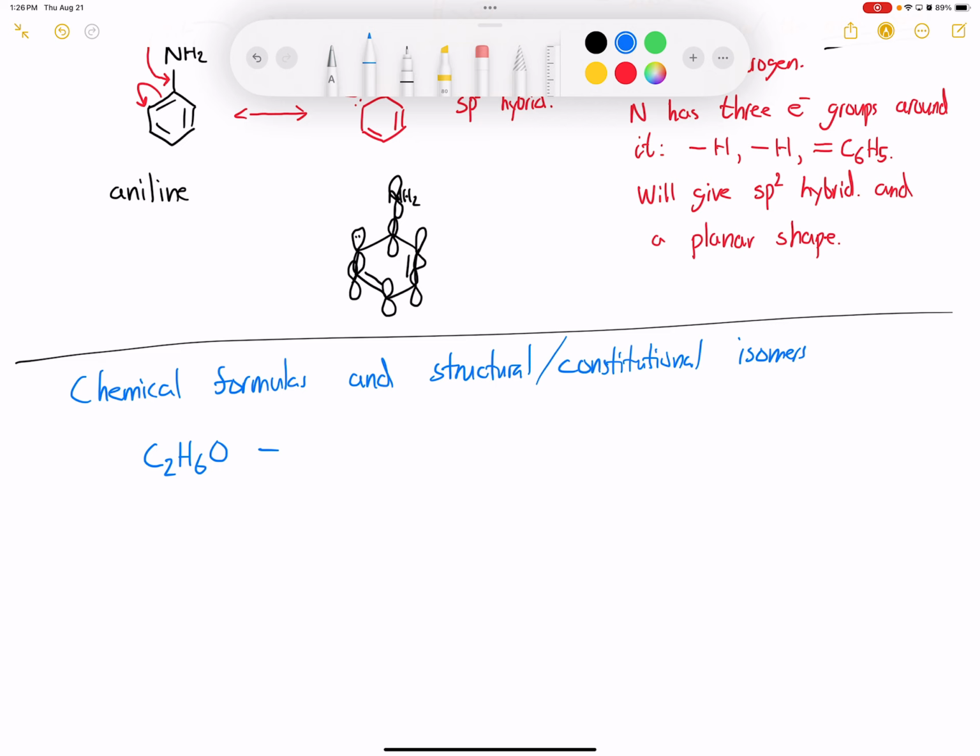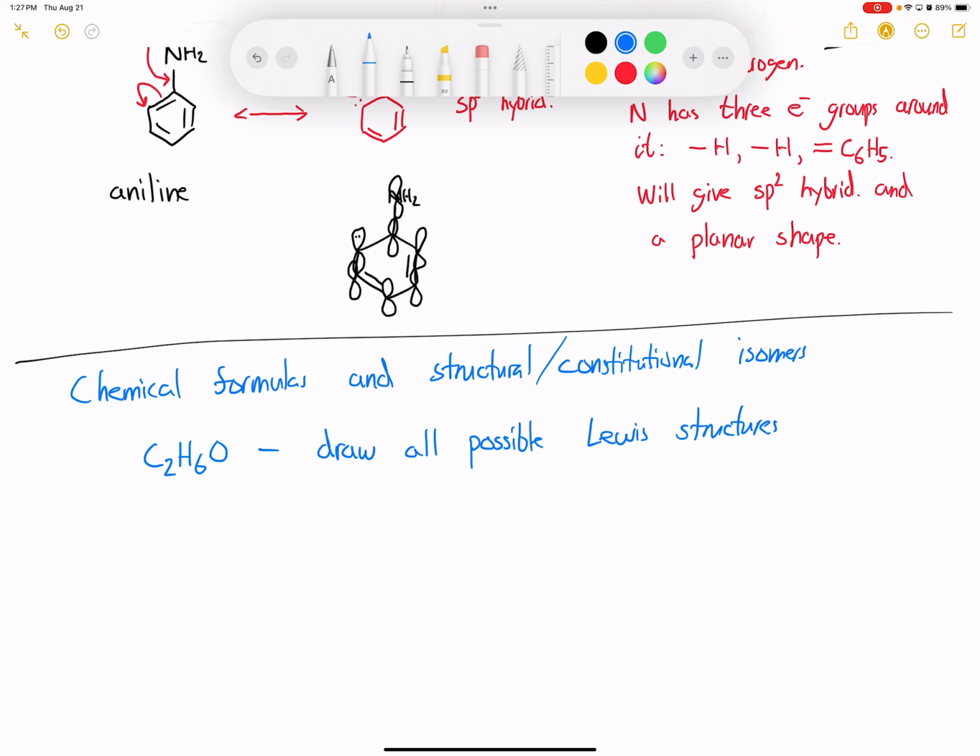Okay, so let's use this structure, this formula. Draw all possible Lewis structures. All right. So the best way to start here is kind of go in a line first and then try to flip some atoms around in the new structure, okay?